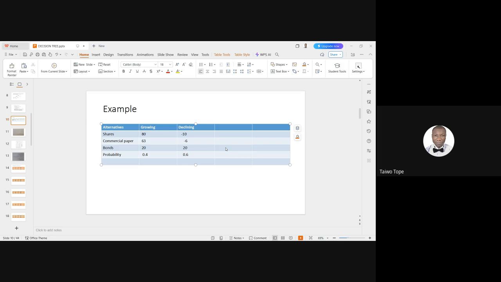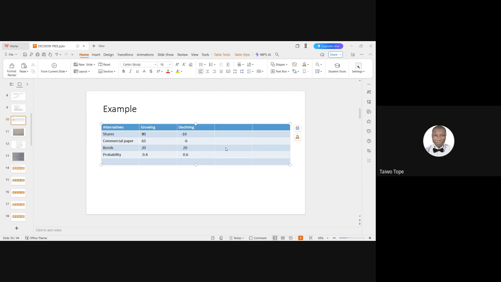So in this question, you have 3 options. You need to make a decision on which of these investments will be profitable to you as an investor. But the case is this: when you invest in share, the share will grow at what? At 80.